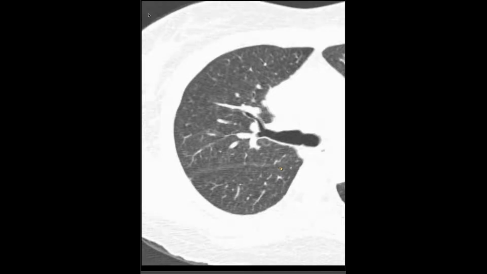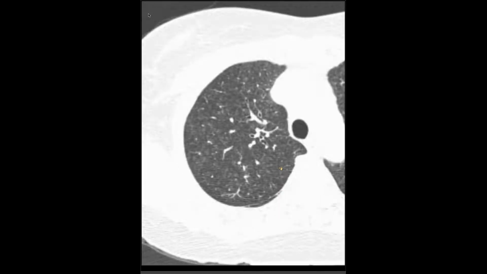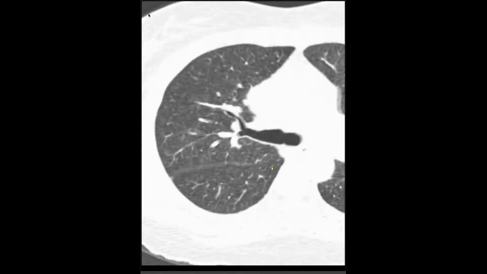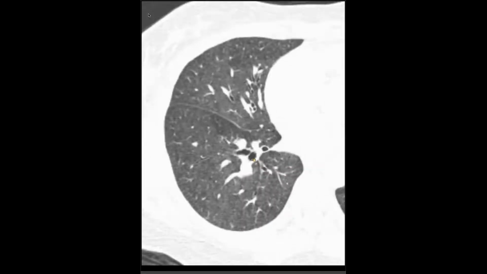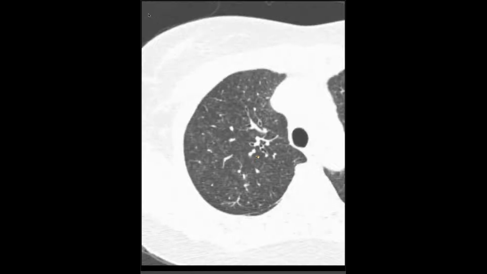There's small centrilobular nodules there, and then more opacity below. Certainly, if the whole lungs look like that, in a patient with pulmonary hypertension, I would think of pulmonary capillary hemangiomatosis as a potential etiology at that time.